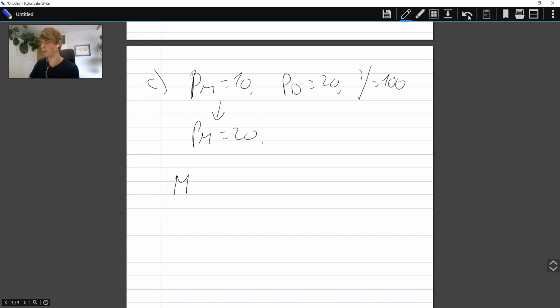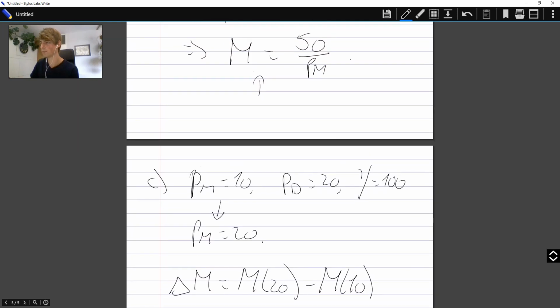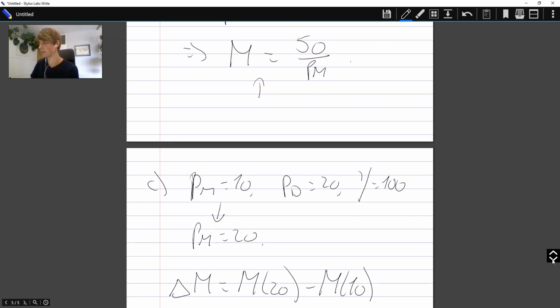So the change in consumption of movie tickets as a result of this price increase equals plug in 20 minus plug in 10.